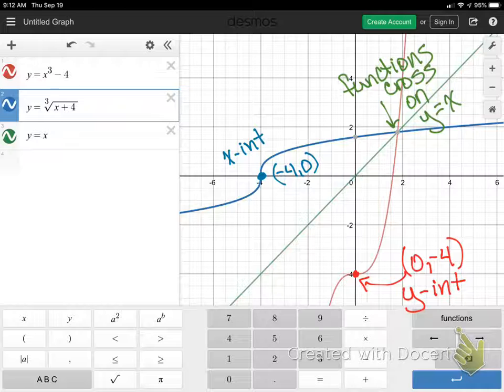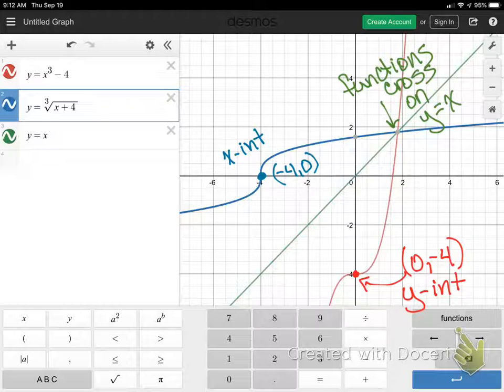If I plug negative 1 in to x to the third, what do I get? Negative 1. What if I plug negative 3 in? Negative 27. Good. So when I plug a negative number into something being raised to the third power, I get a negative number.